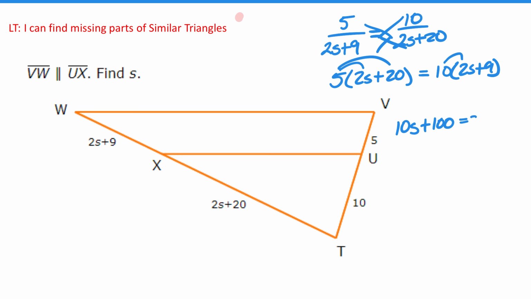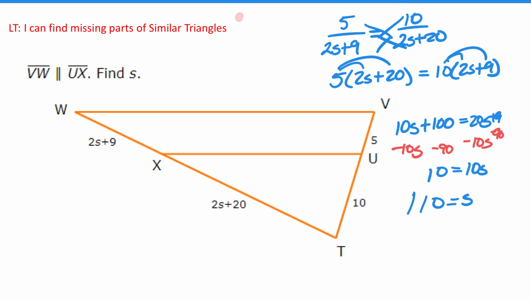And then after the distribution, we will just solve for s. So s equals 10, and that's all we were asked to solve for.